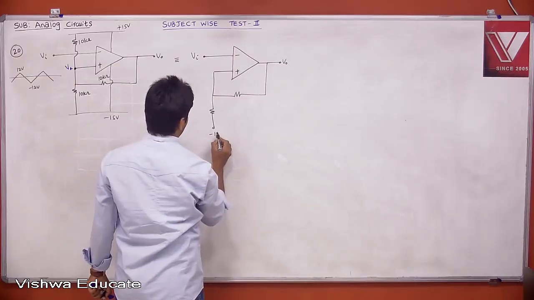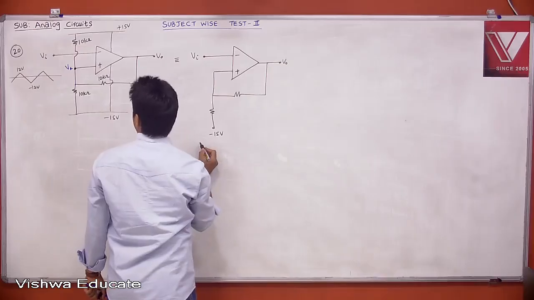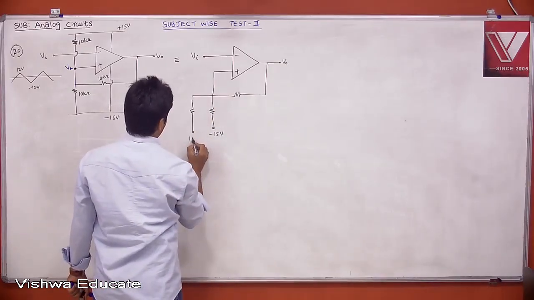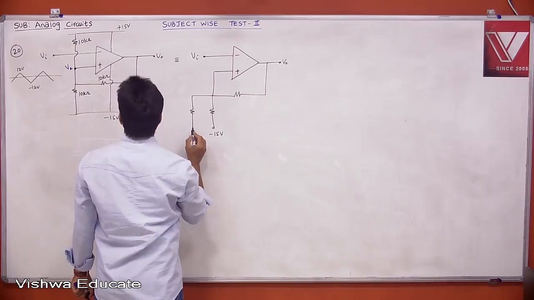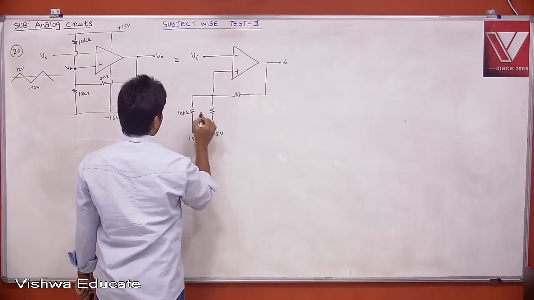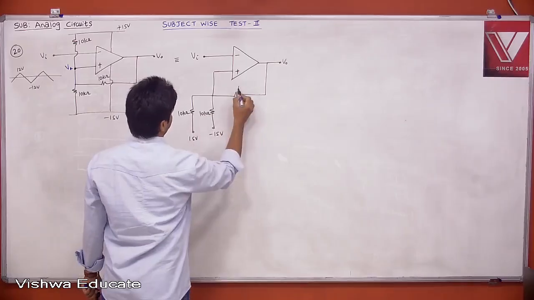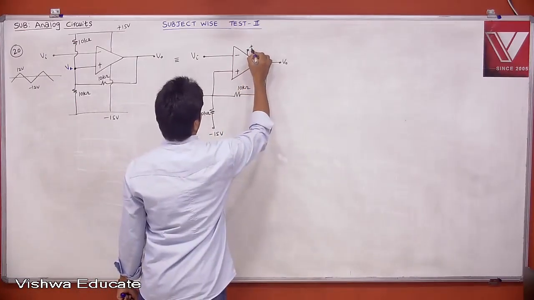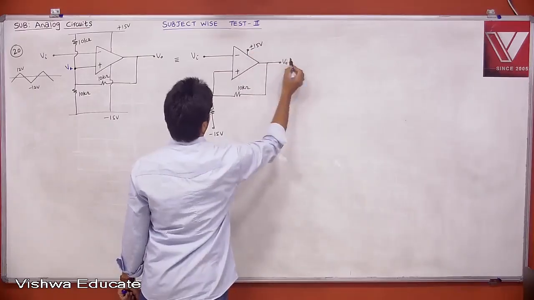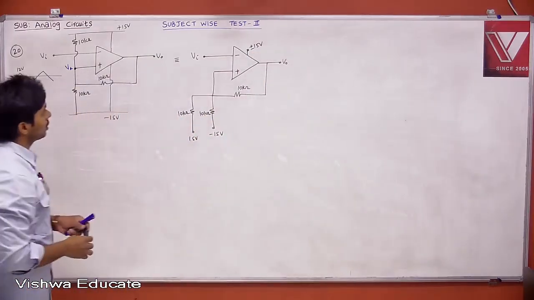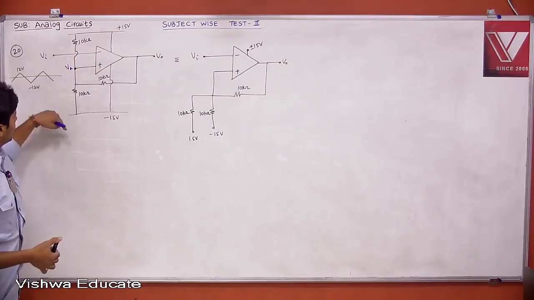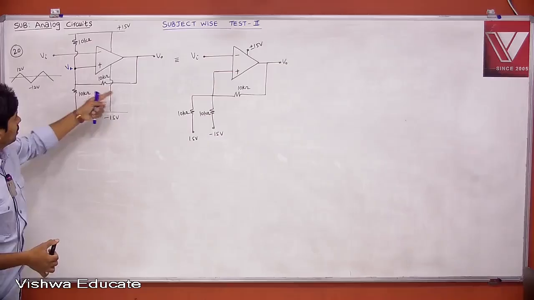This is minus 15, this is plus 15. 10K, 10K, 10K, everything is 10K, and it has power supply plus or minus 15 volt. Yes, I can write like this.